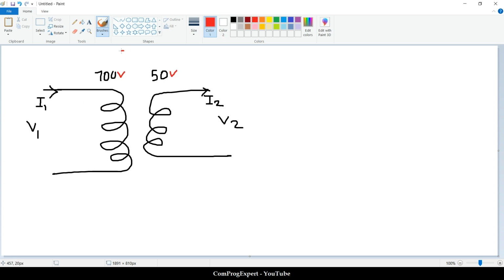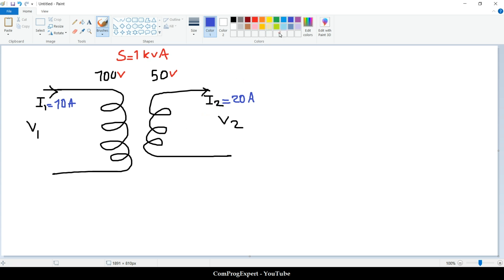And I'm going to consider the rated apparent power of this transformer equal to 1 kVA. So what is the value of the rated current for the primary coil? It is 10 amps. For the secondary it is 20 amps, 20 times 50 is 1 kVA.